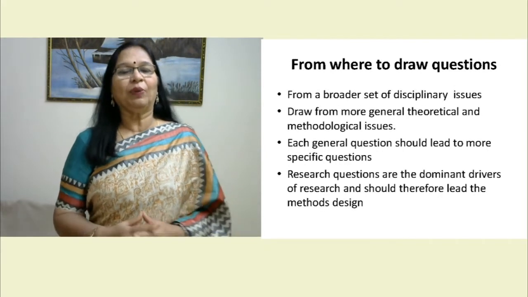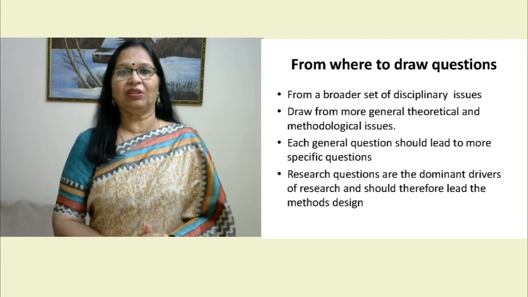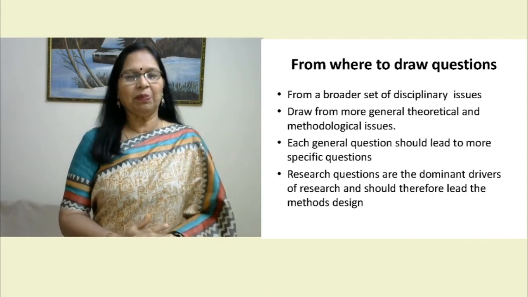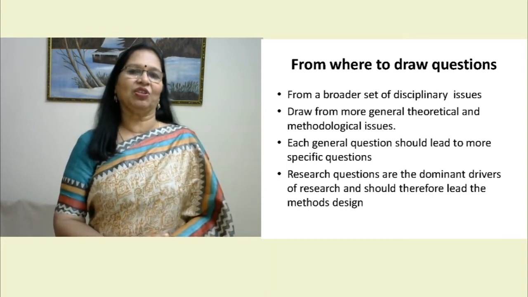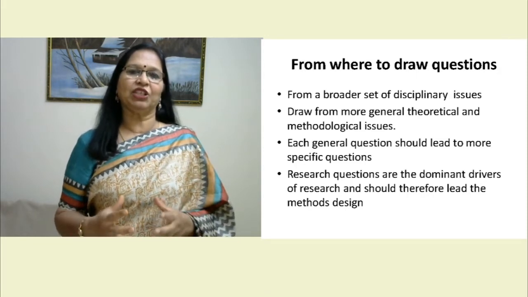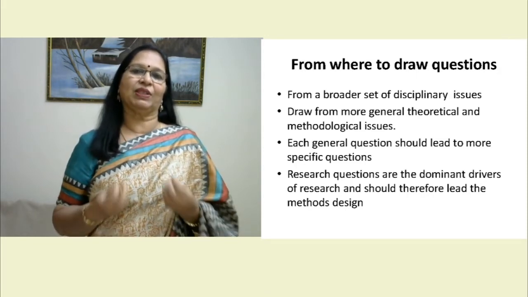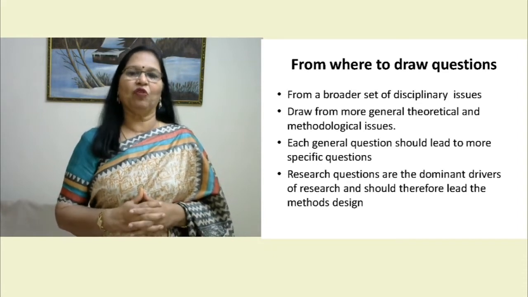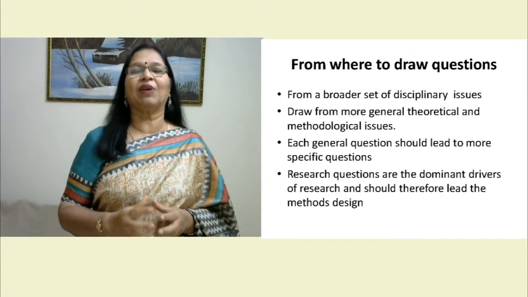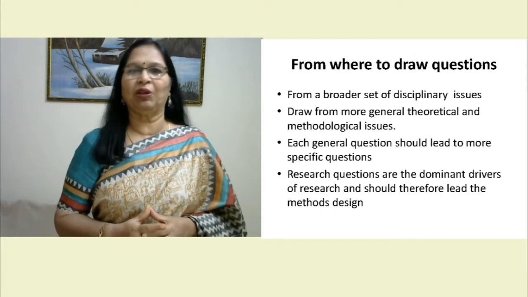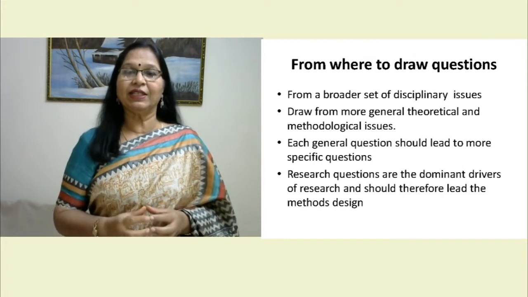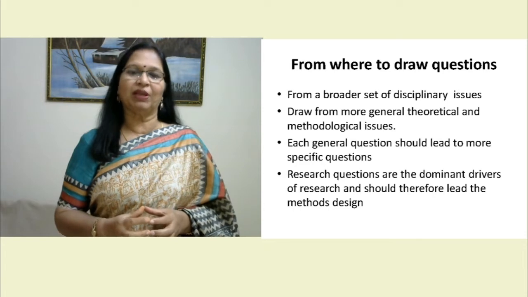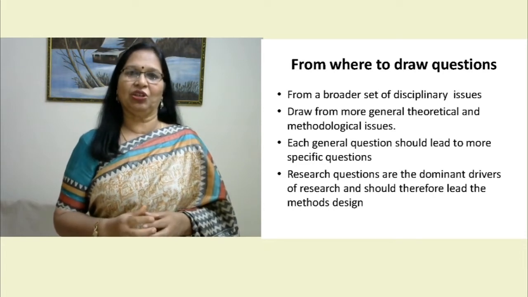Now, the question is, from where should we draw research questions? Simply asking research questions is not useful. There has to be a resource, a ground from where these questions are emerging. One of the best ways to look for research questions is from the discipline that you belong to. The subject itself on that particular topic will have research questions.